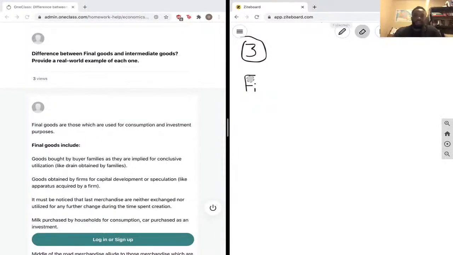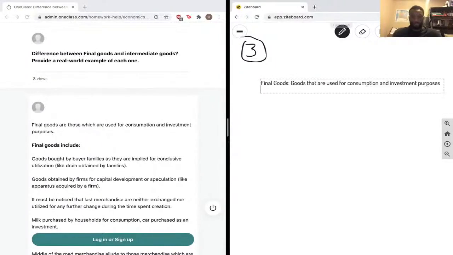So final goods, our tutor says, are those which are used for consumption and investment purposes. So final goods are goods that are used for consumption and investment purposes.